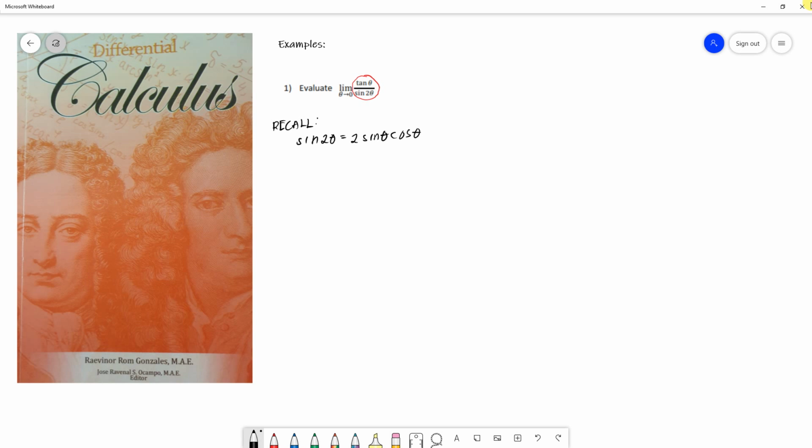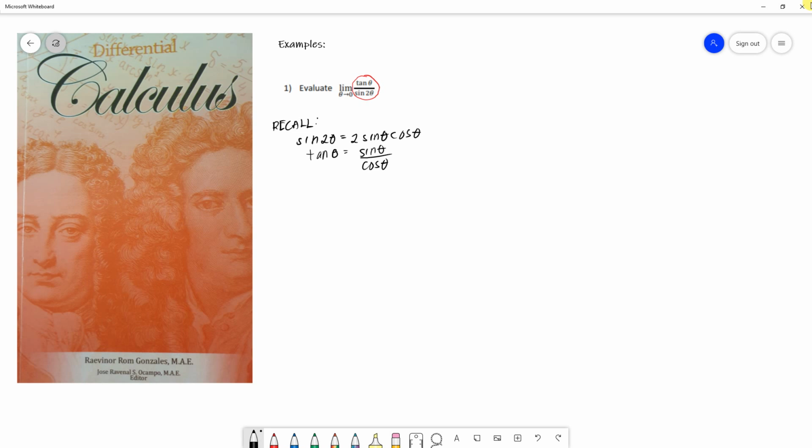So, we will now replace the denominator. And at the same time, what we discussed earlier, the tangent of theta is equal to its identity, sine theta over cosine theta.